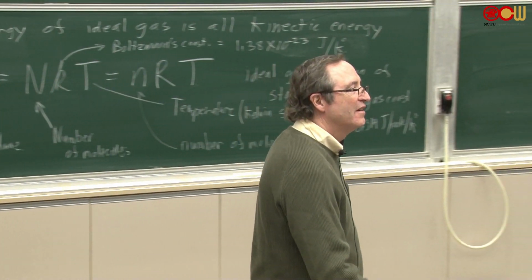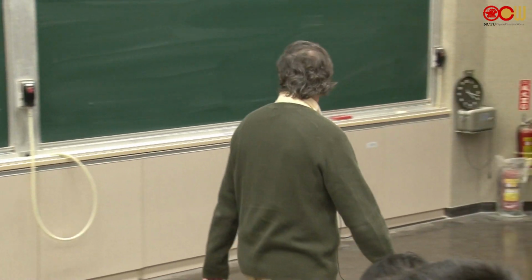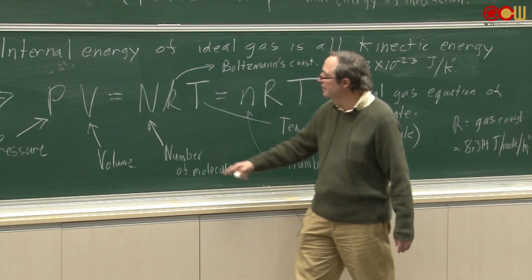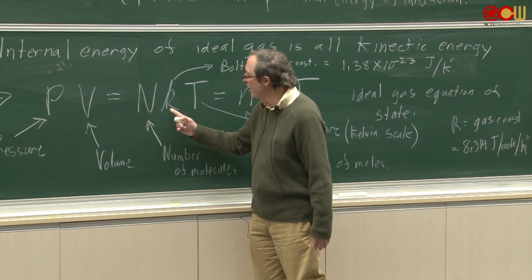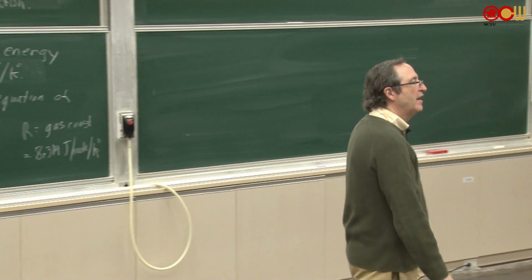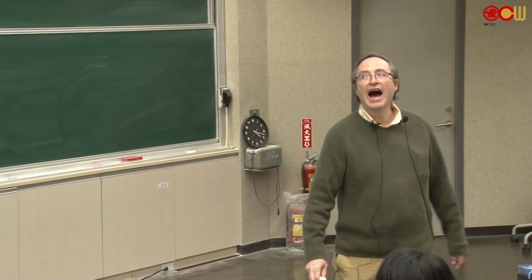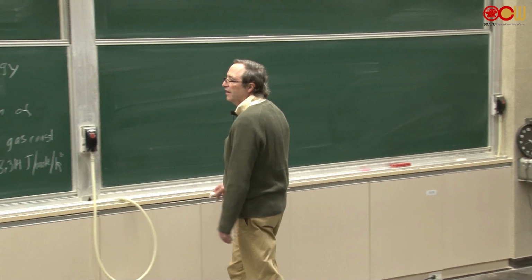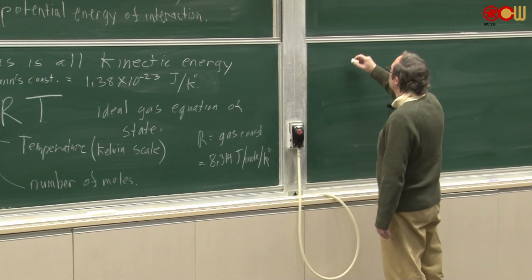Moles tells you basically how much of a substance you have. So clearly, NR is the same as this capital N times k. They're the same thing. And they're related by what's called Avogadro's number. I can write that down.